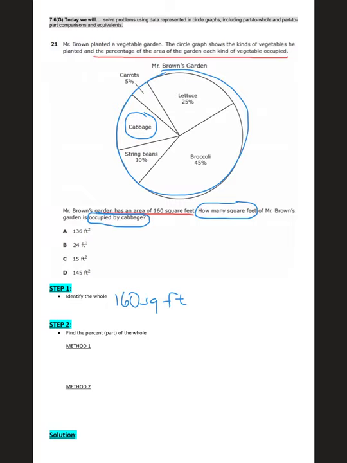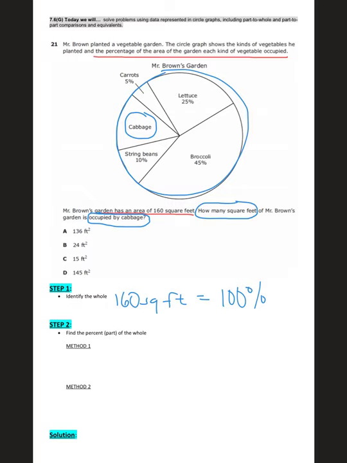Now, in order to represent the part of the whole, we have to think back to what we know about percents. So for this circle graph, if we were to add up all of the string beans, broccoli, lettuce, carrots, and cabbage, those percents should be 100%. So 160 square feet is the same thing as saying 100% of his garden.